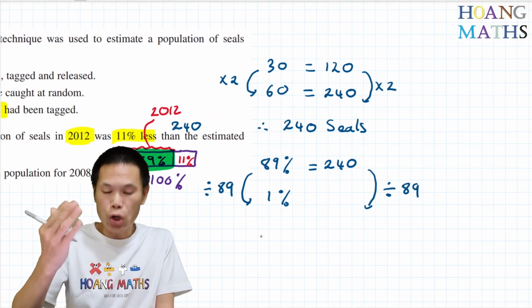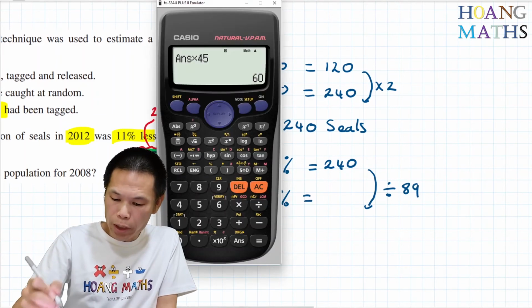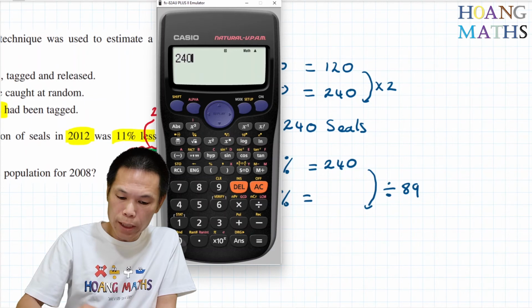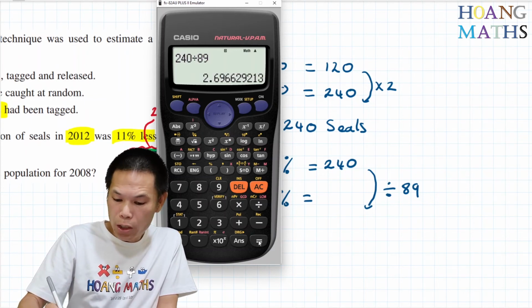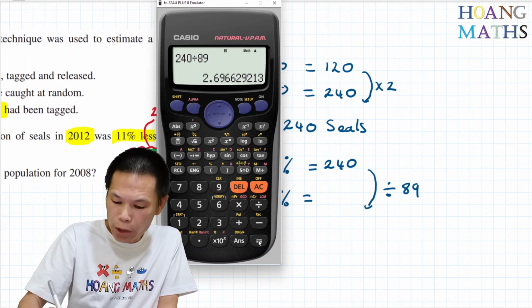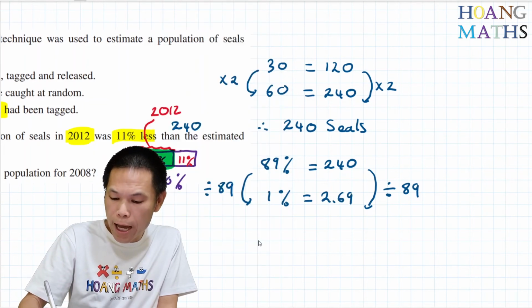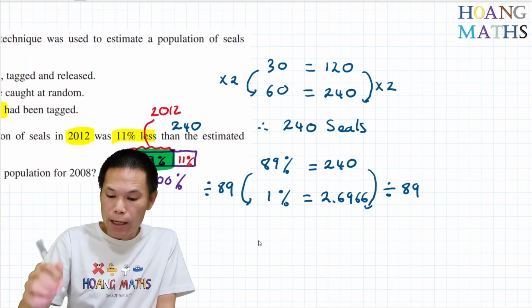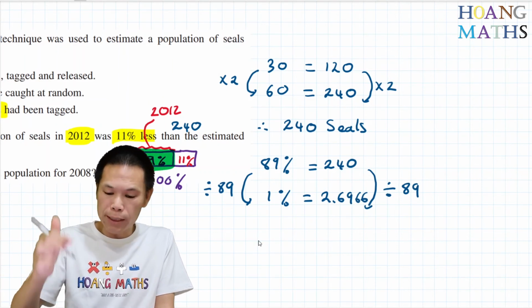So now I just put that on a calculator. 240 divided by 89 will give me 2.6966 and so on. And we want to work out 100%.